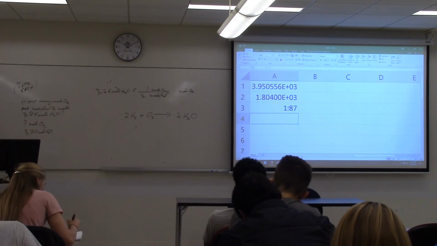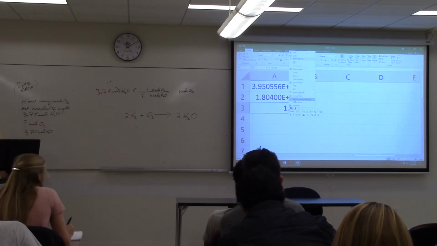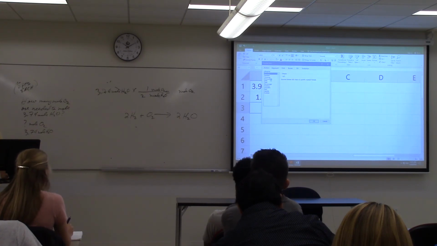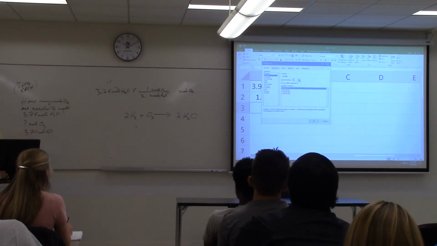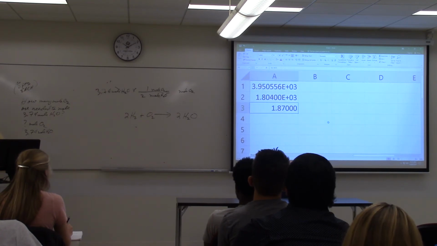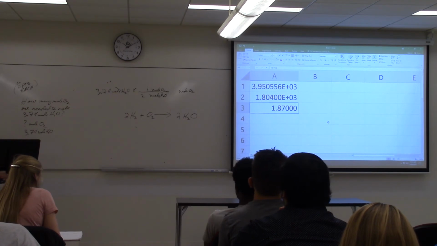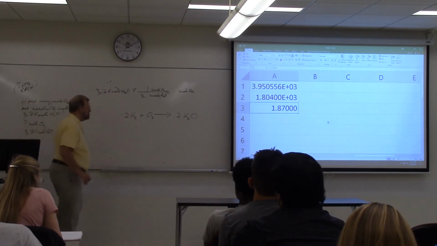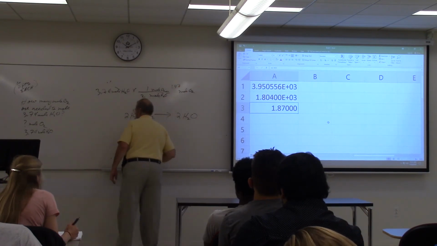This is what my calculator gives me. That's pretty simple. With 3 significant figures, the answer is 1.87 moles of oxygen.